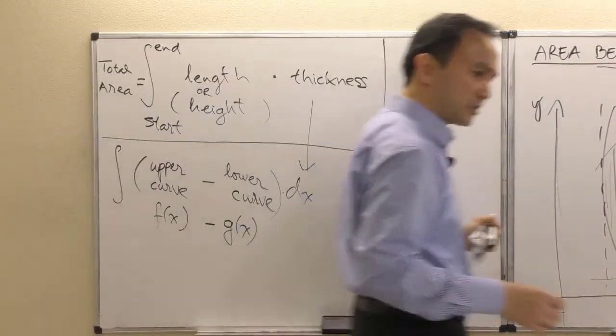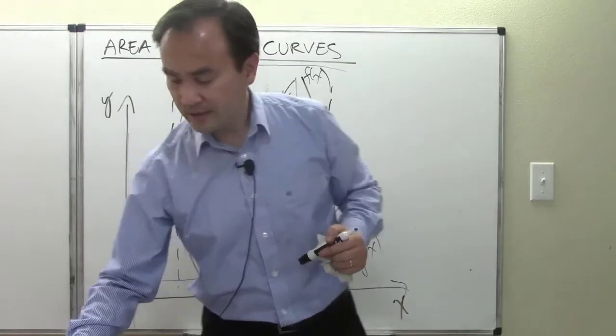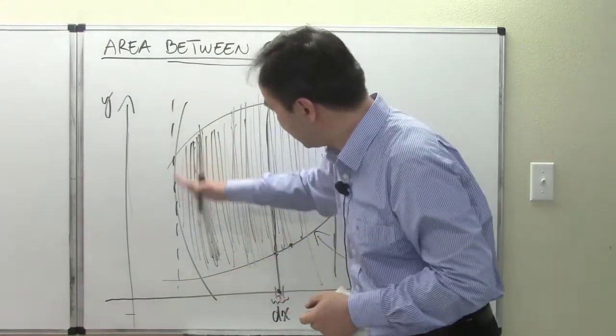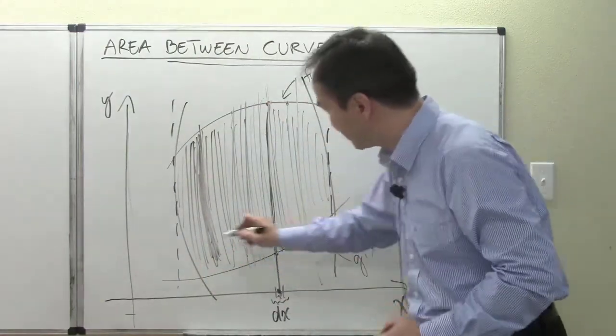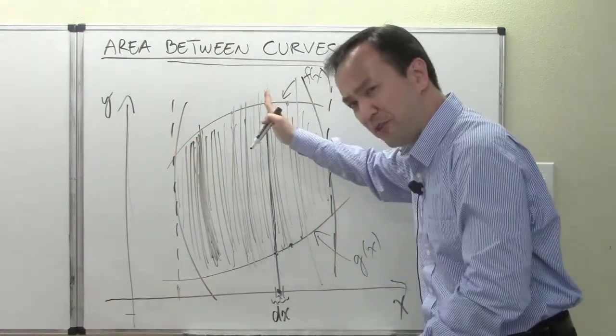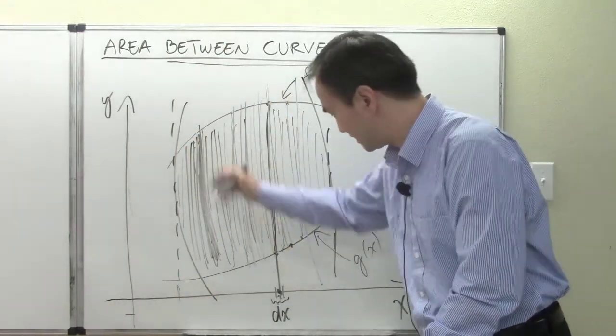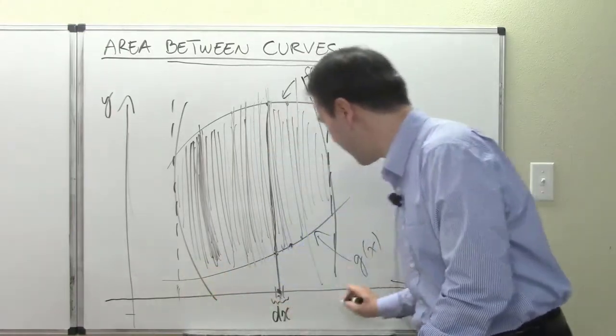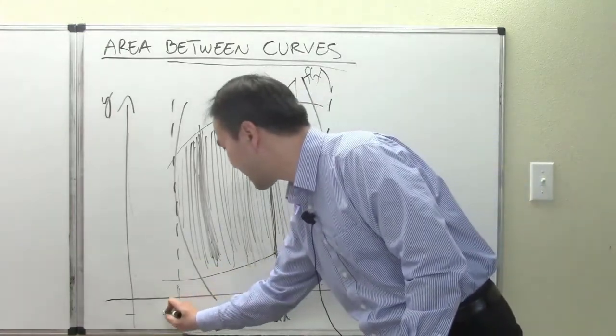Okay, so in the picture, think about the picture again. There has to be ultimately, and I brought this up earlier, if we put the stripes vertical, then the starting and ending have to be some values on the x-axis.